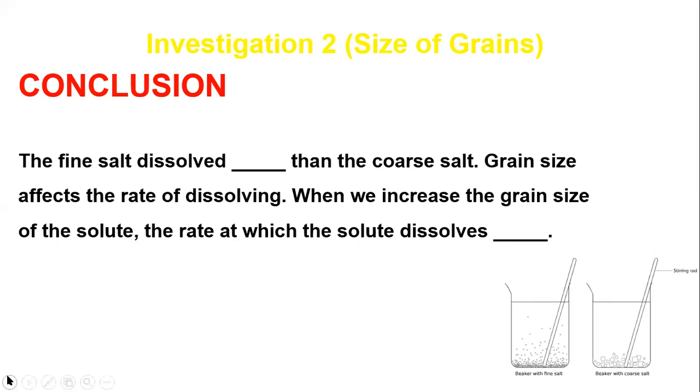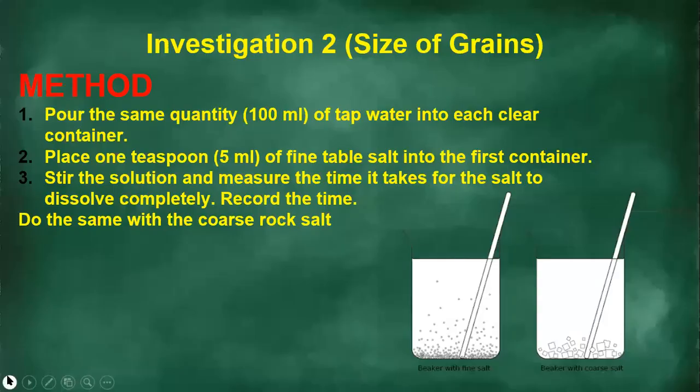So for Ocean, I'm just going to go back to the method. I think she wants to write it down. Okay, so you're going to pour the same quantity, which is 100 millimeters of tap water, in each of these clear containers. And you're going to take 1 teaspoon, which is 5 ml of fine table salt, and put it in this glass. And then you're going to take 5 ml of rough salt and put it in this glass.